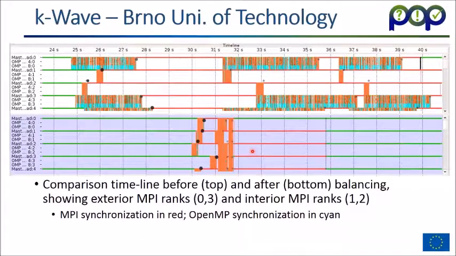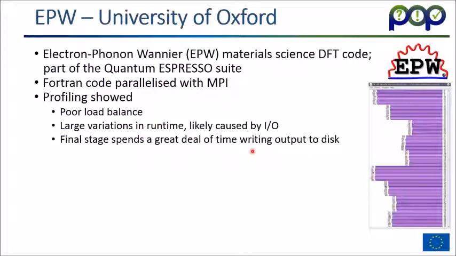Okay, so I'll look at another example quickly. This is a code called EPW, electron phonon Wannier code, a material science code from the University of Oxford, and this is a Fortran code parallelized with MPI. On the right-hand side here, you'll see a trace produced by Tau, showing a poor load balance.